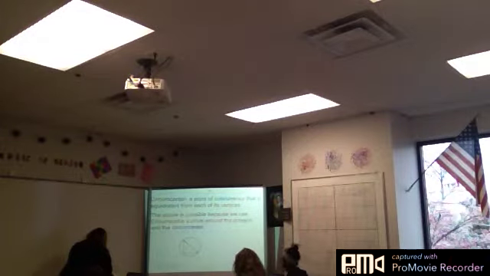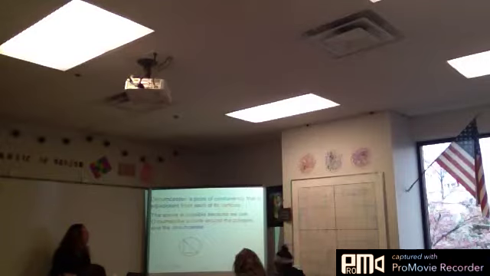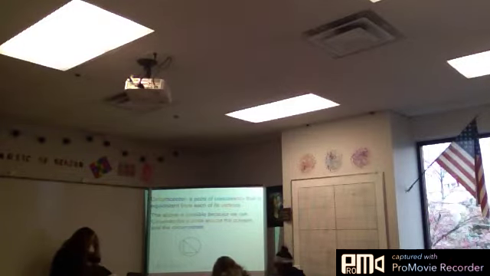Okay, so the circumcenter is a point of concurrency that is equidistant from each of its vertices. We can circumscribe a circle around a polygon.